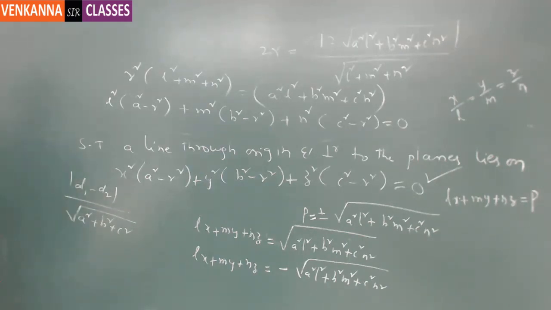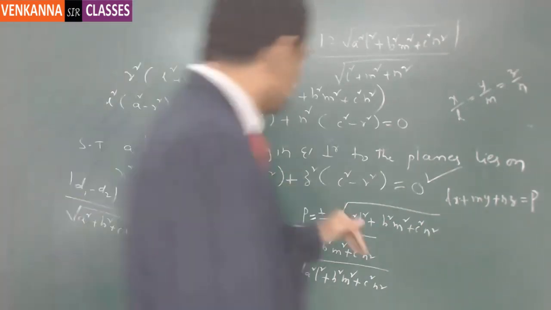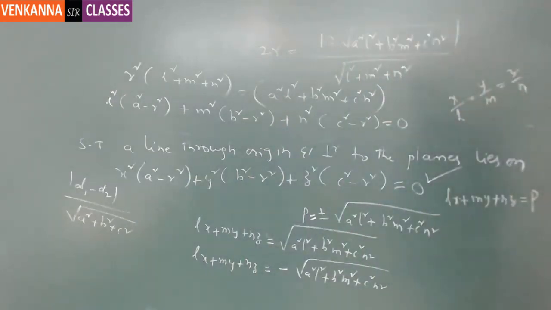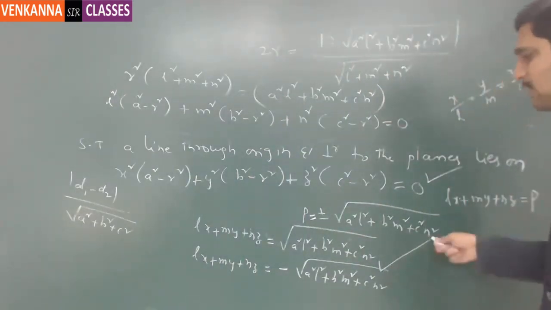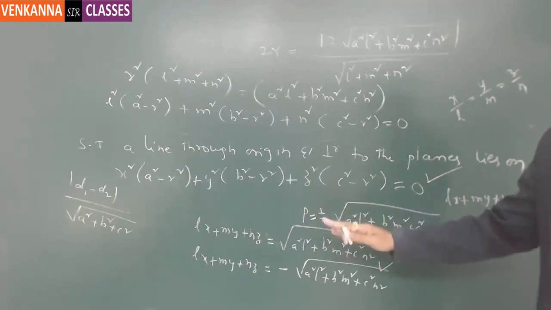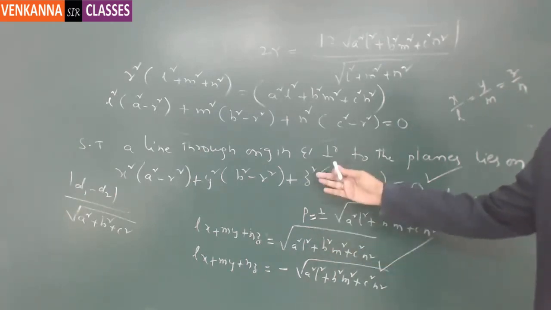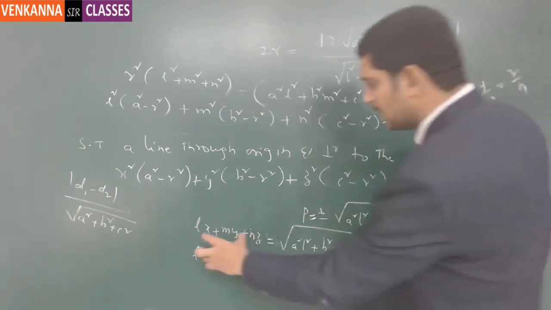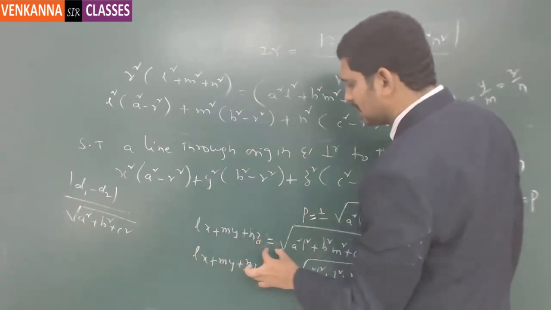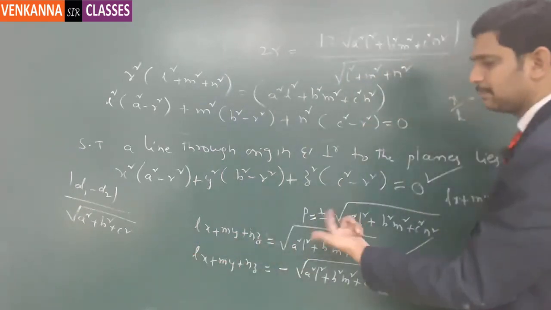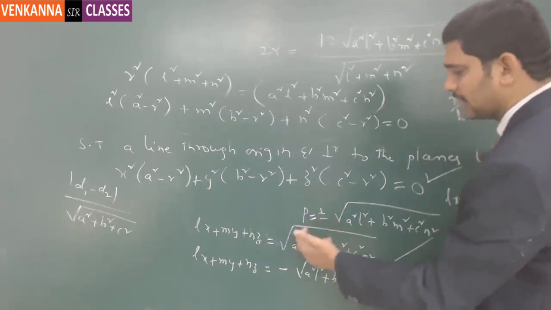If you want a small refresher over this, the outline of the problem: in the first step, I have written the tangent plane equation. The plane is parallel to the given plane, so I have taken lx plus my plus nz equal to plus or minus p, and p stands for this value.